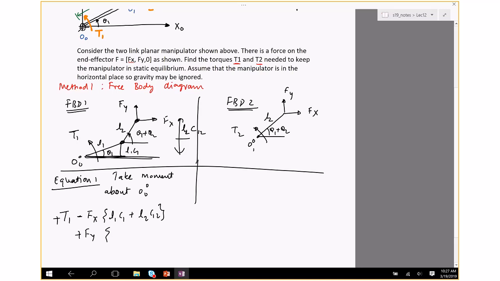And the moment arm is the distance from Fy to O, so this distance.